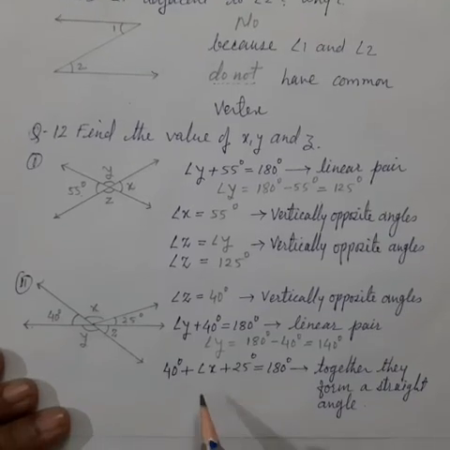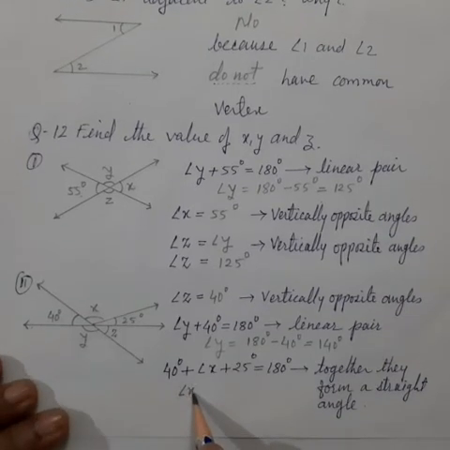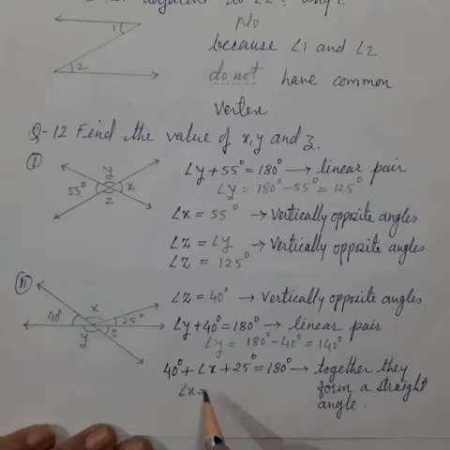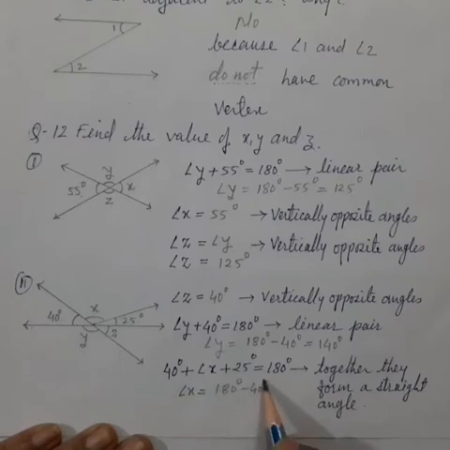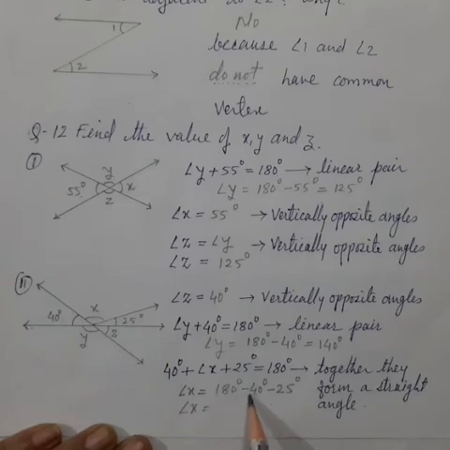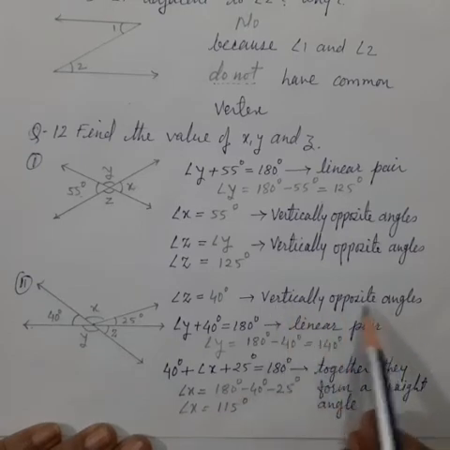Keep the variable on the left hand side and transpose the others to the right hand side: minus 40 degrees and minus 25 degrees. So angle x equals 180 minus 40 degrees, which is 140 degrees, and again subtracting 25 degrees, we get 115 degrees. Give the reasons everywhere.